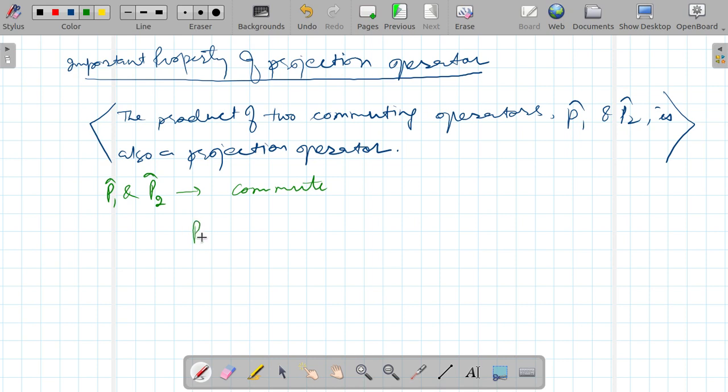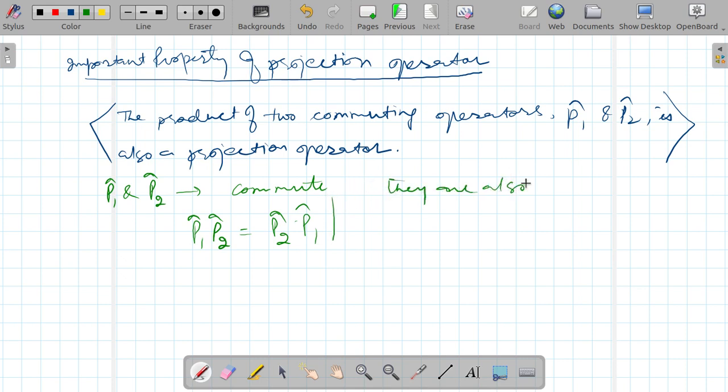What is the meaning of this? Their product P1 P2 is equal to P2 P1.